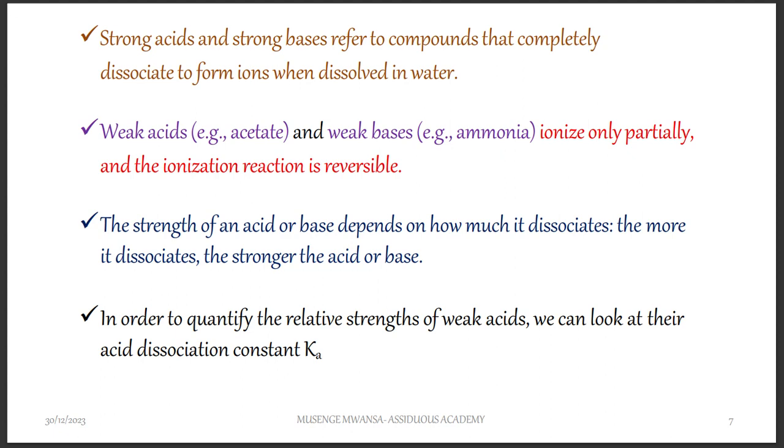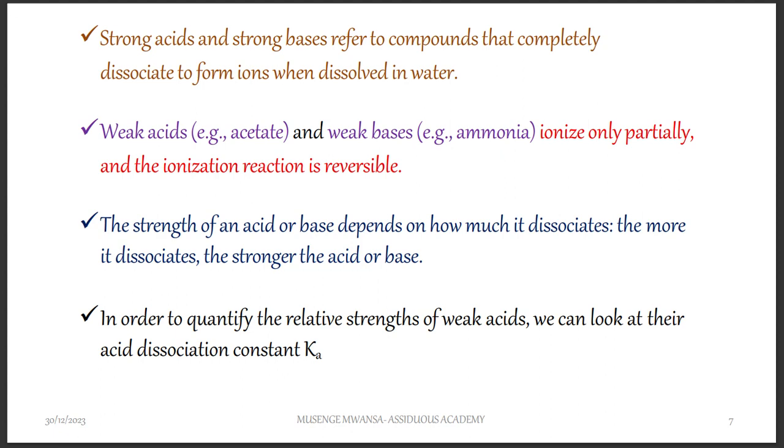And so when you're writing an equation for acetate, you are going to write an arrow going forward and an arrow going backward. Why? Because those are not going to fully dissociate. The strength of an acid or base depends on how much it dissociates. Compounds that dissociate more, we say they are stronger acids or bases, and those that do it less are weaker.